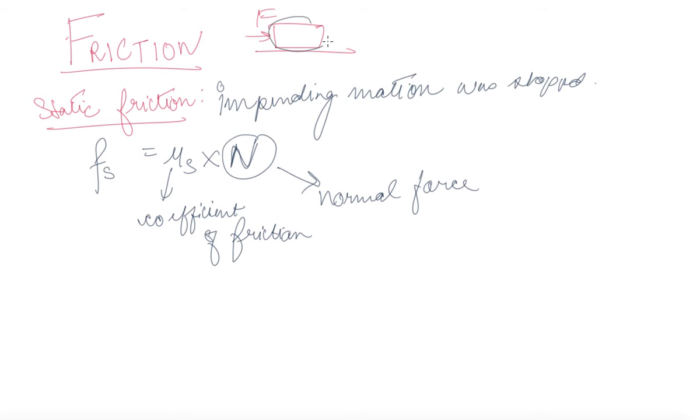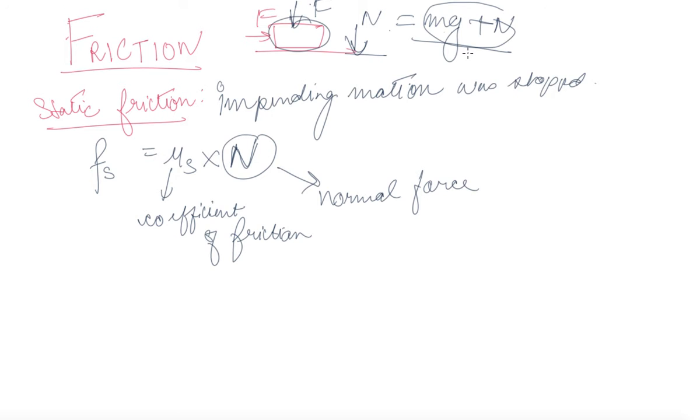This is the object and this is the force that it puts on the ground. This is the normal force. Now if I add another force, say F, the resultant normal force will become mg plus N. So this is how you can understand static friction.